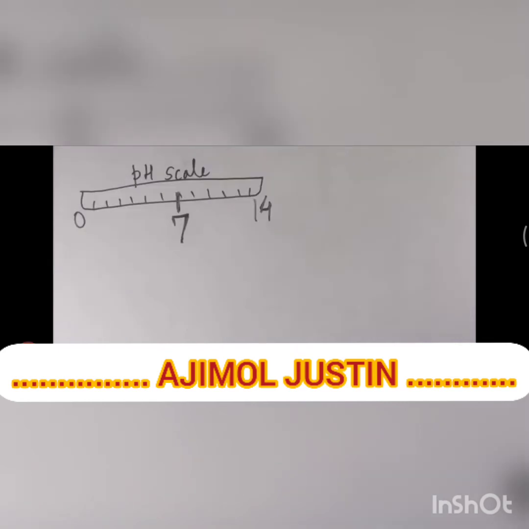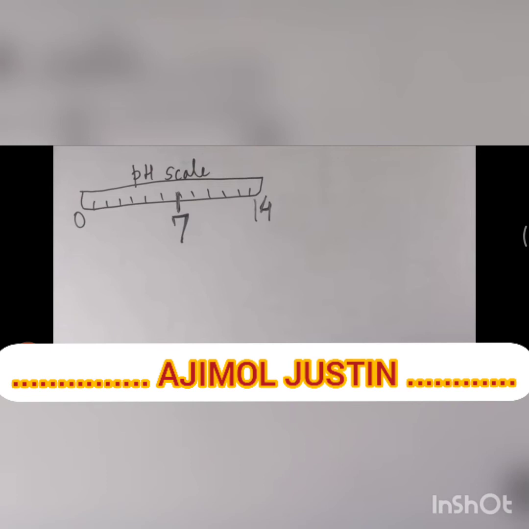Next is the pH scale. You know that acids and bases are either strong or weak; there are strong acids and weak acids, and even strong bases and weak bases. Now how will you know whether an acid is strong or weak, a base is strong or weak? It is measured using a scale known as the pH scale.